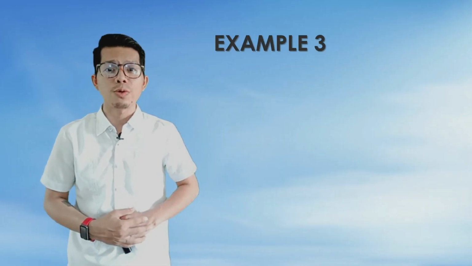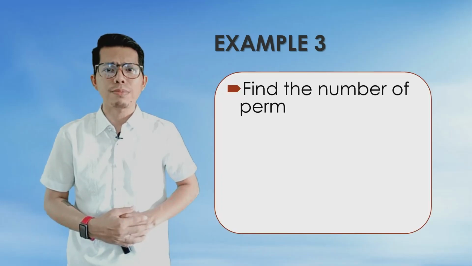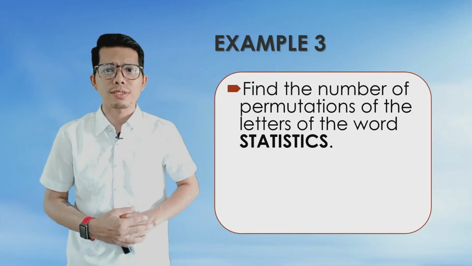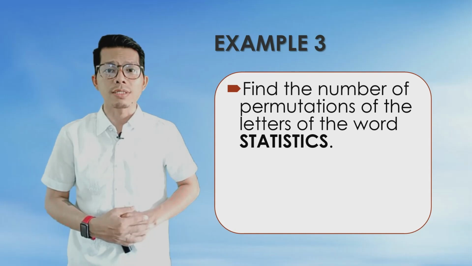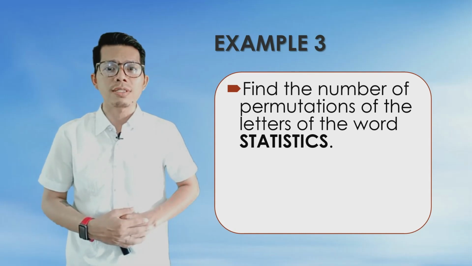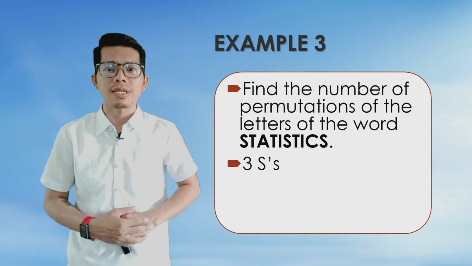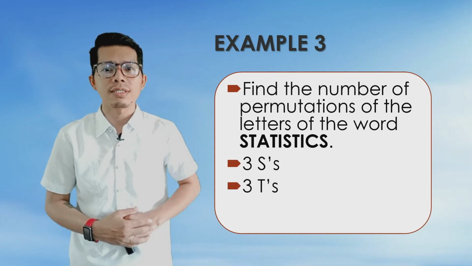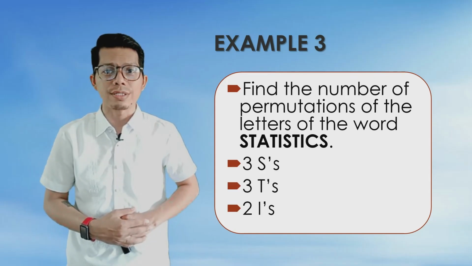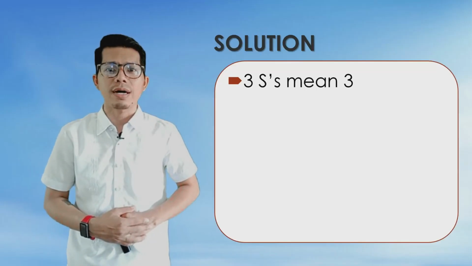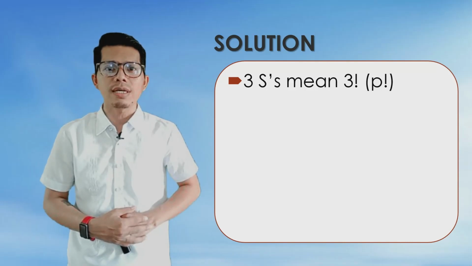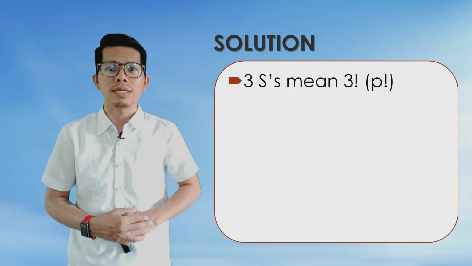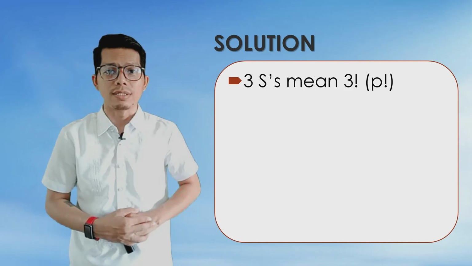So, let's go back to example number 3. Let's find the permutations of the letters of the word statistics. In this word, we have 3 S's, 3 T's, and 2 I's. This means 3 S's, meaning 3 factorial.